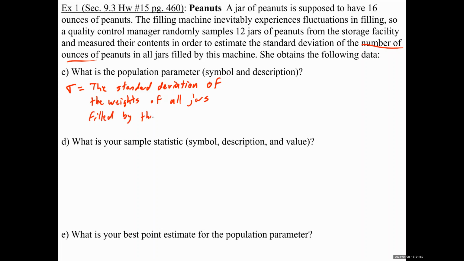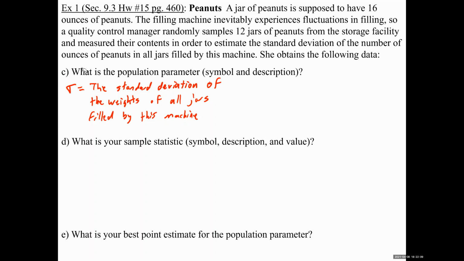What I'm saying is, if you happened to have every single jar filled by this machine, all millions of jars, and you got the weights of all of them, so you have a million numbers, and you found the standard deviation of those million numbers, that's what sigma is.